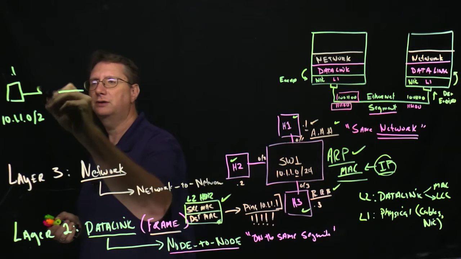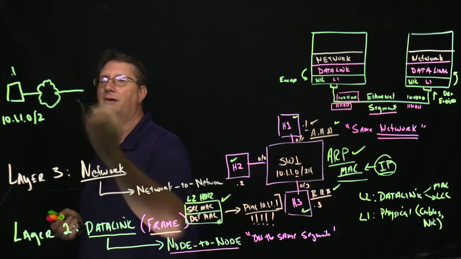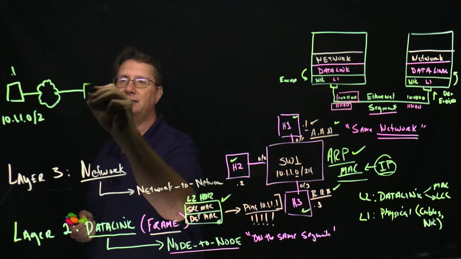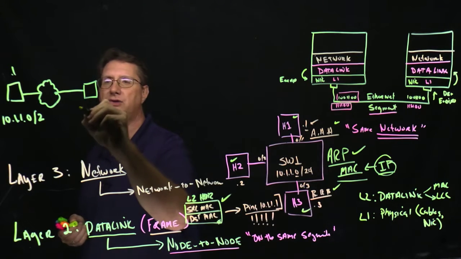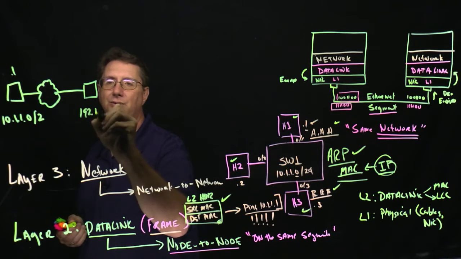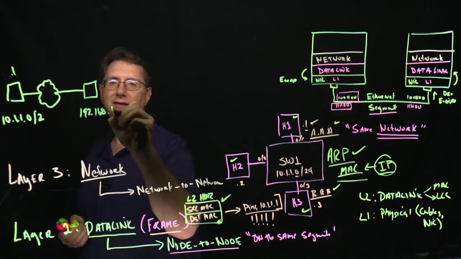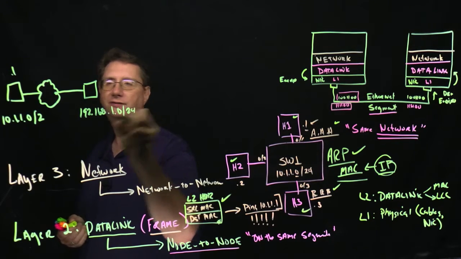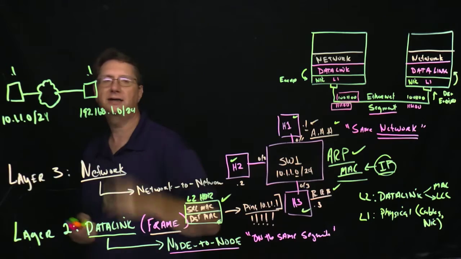In fact, I'll just draw in a cloud here, and let's say he wants to communicate to another host in a 192.168.1.0/24 network, and let's say he's got a .1.